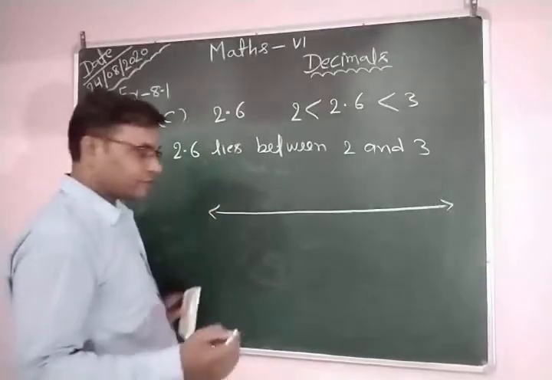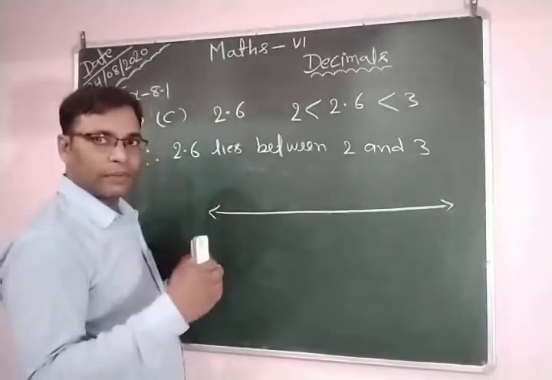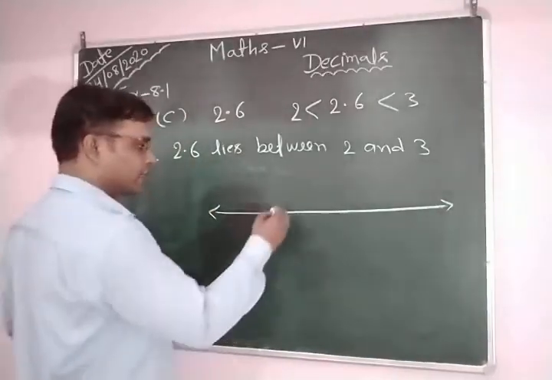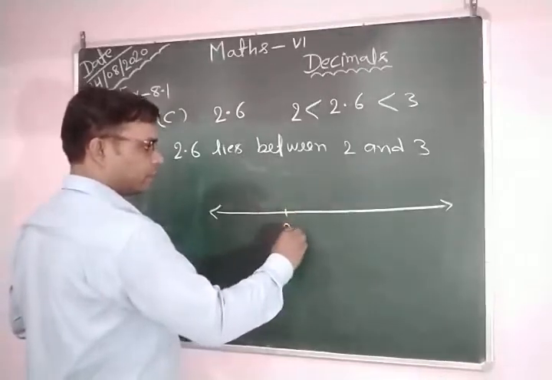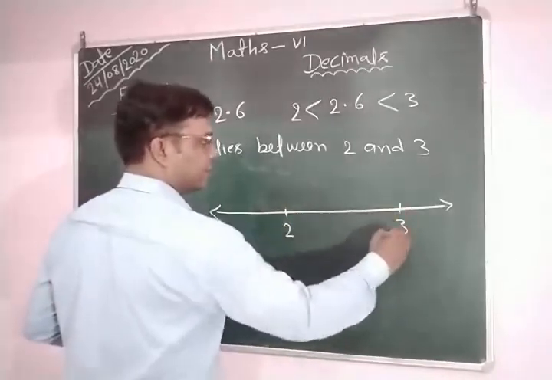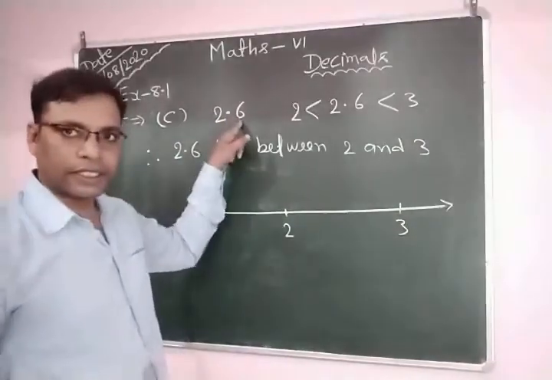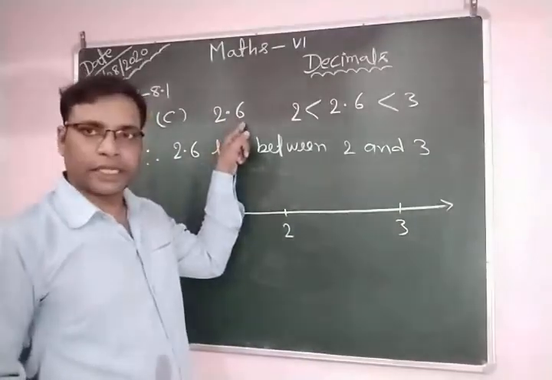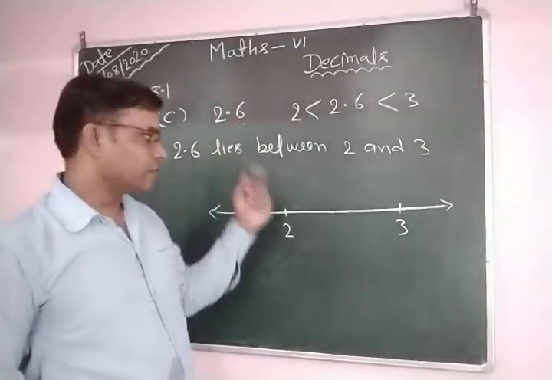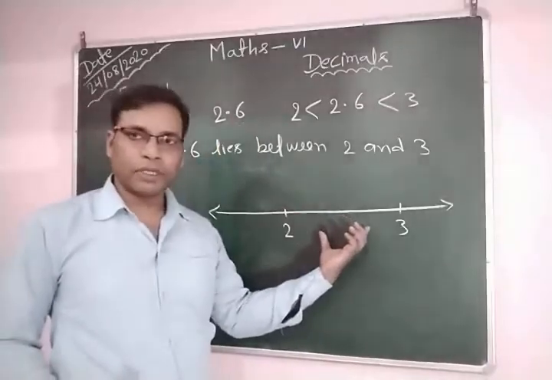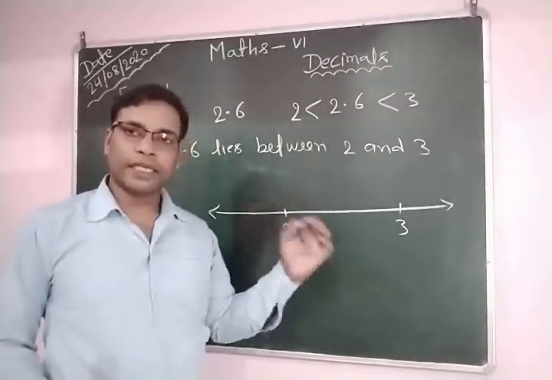If you plot the numbers on the line, it becomes a number line. Suppose here 2 and this is 3. The place value of 6 is tenths, so we divide the distance between 2 and 3 into 10 equal parts.